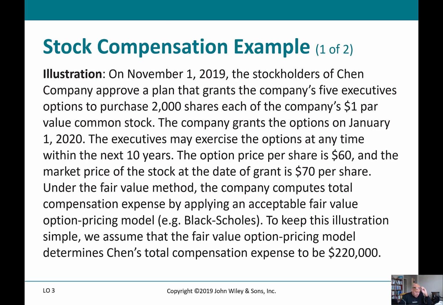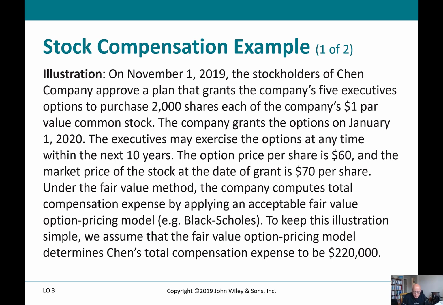Okay, so let's look at this example. And guys, I apologize that they make some of these examples a little overly dense, but I think we can work with these. Okay, so on November 1st, 2019, the stockholders of Chen Company approved a plan that grants the company's 5 executives options to purchase 2,000 shares each of the company's $1 par value common stock.